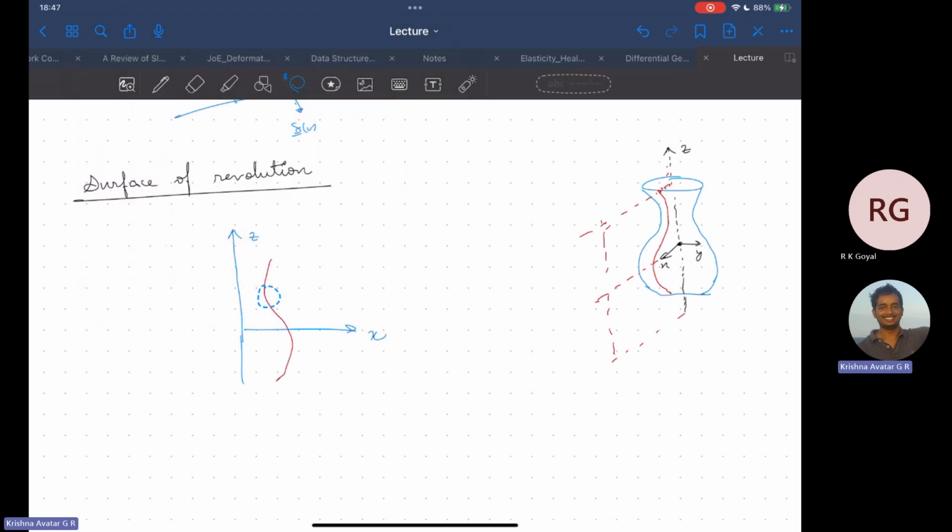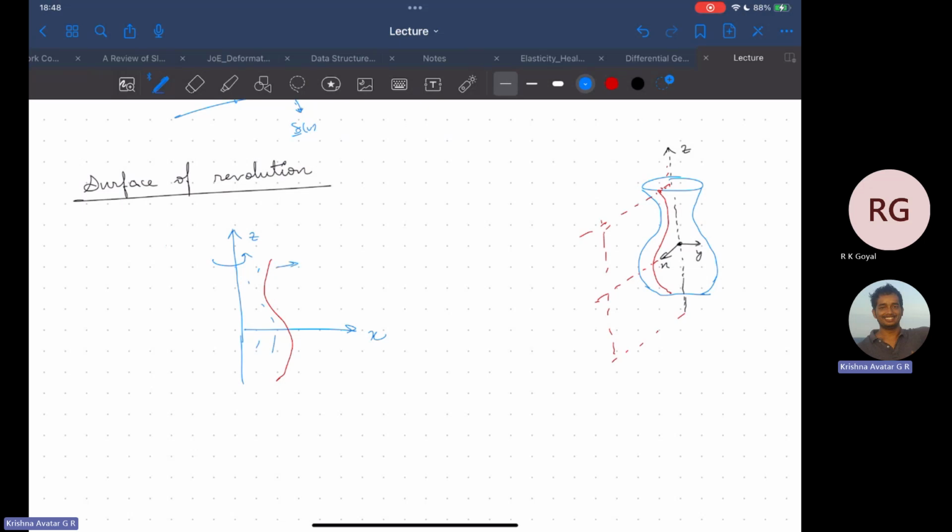Let's call it red. And once we rotate it about the Z axis, then it will form that particular surface of a vase, right? Once we rotate it, we trace out all that surface.